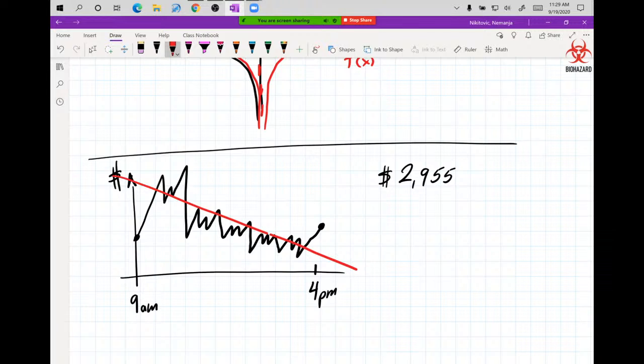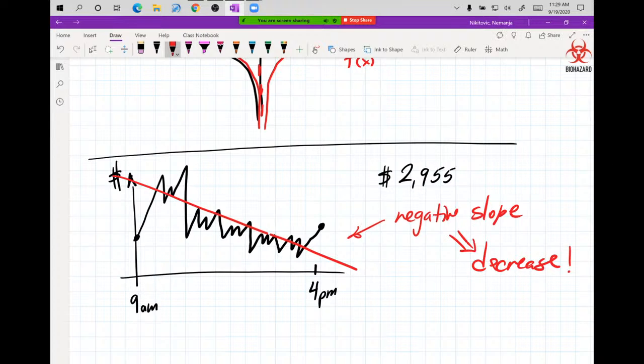Negative slope means decrease, right? So this line has a negative slope, and the negative slope means decrease. Now, in the example of stocks, it means losing money. If that line was going this way, then that's a positive slope, and then it's gaining money.